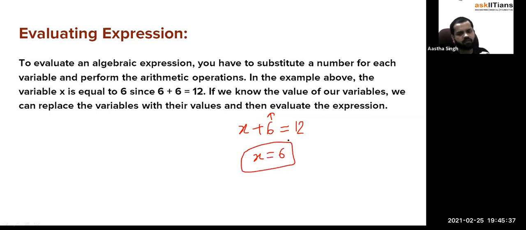The equation says you have some quantity, your 6, and how much more must you add so that it becomes 12? It's basically algebra, right? Algebra deals with symbols and mathematical tools to find the unknown quantity.